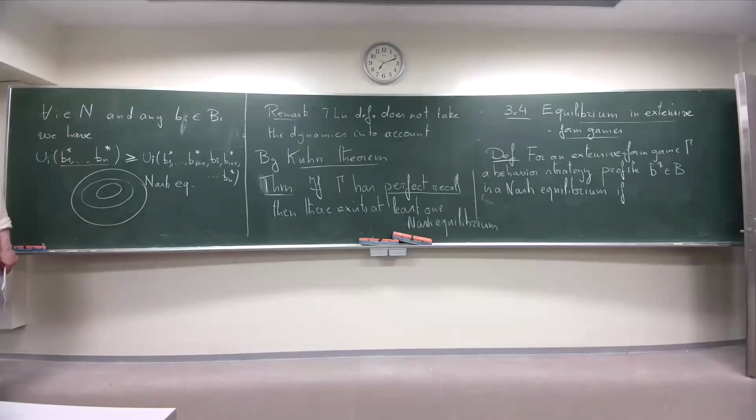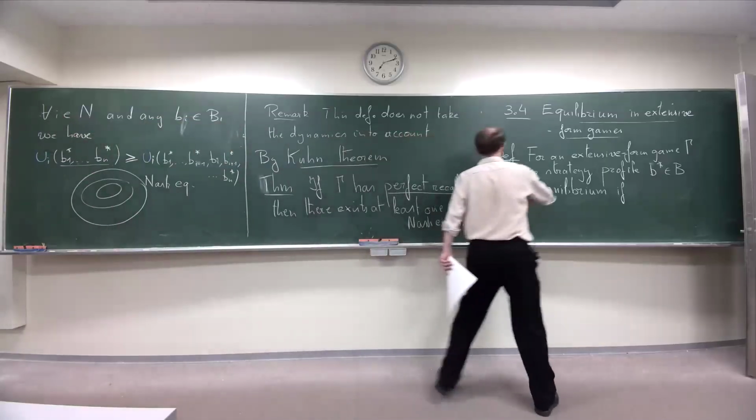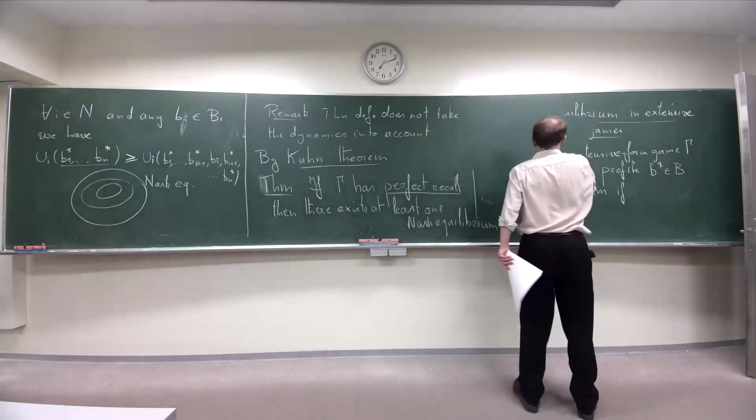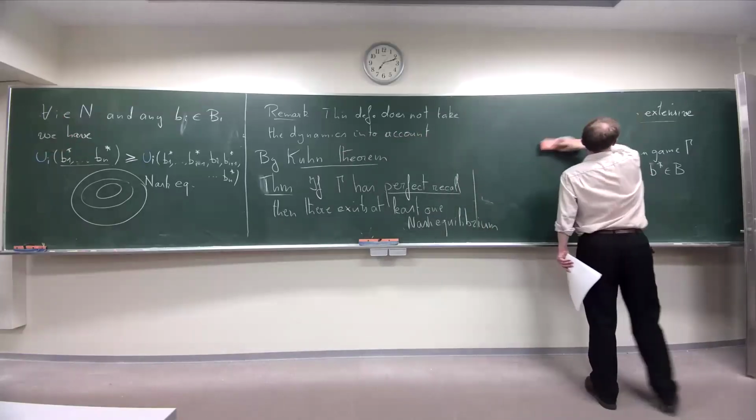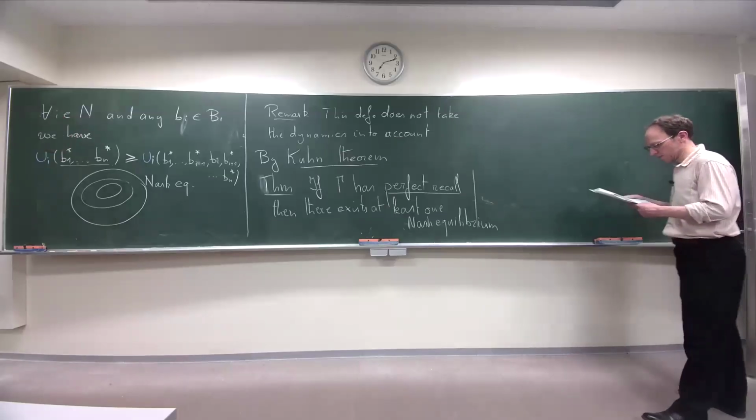That's it. So we know that if we have perfect recall, there exists at least one Nash equilibrium, and we can say a bit more.